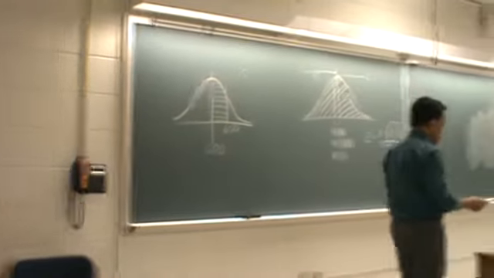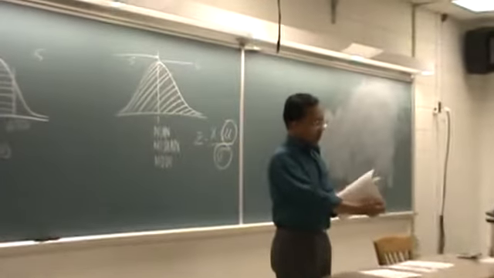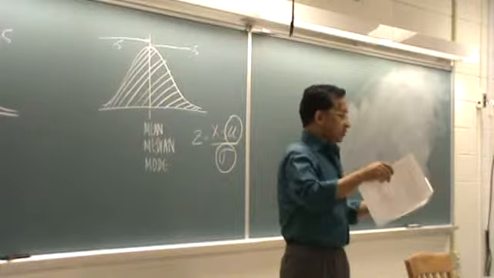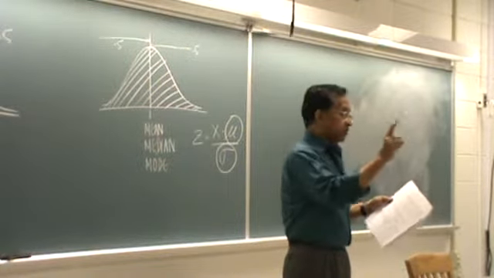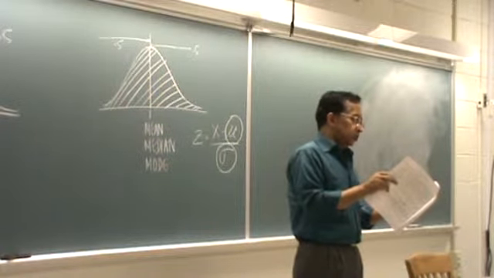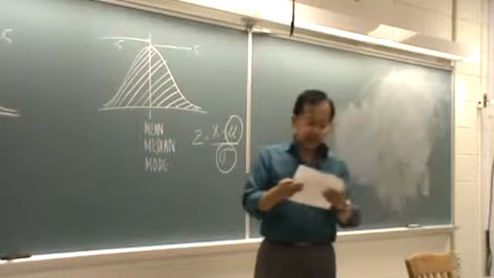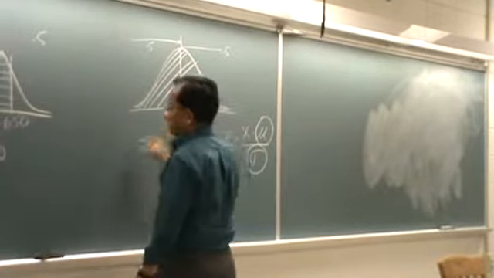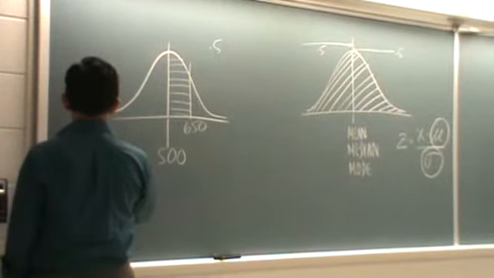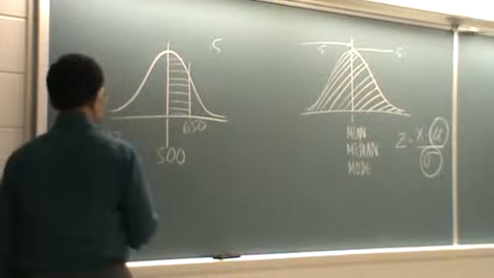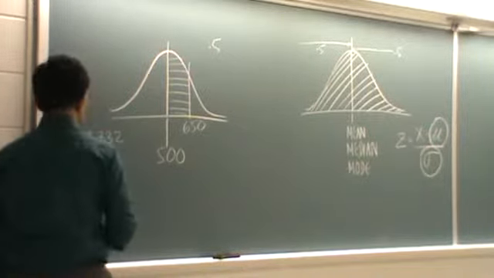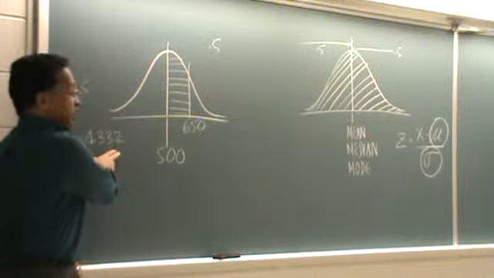Now if you look at 1.5 on the table, exactly 1.5, so one digit after the decimal point, 1.5 is 0.4332. So the area between 500 and 650 is 0.4332, and our z-score is 1.5. So this is the area.